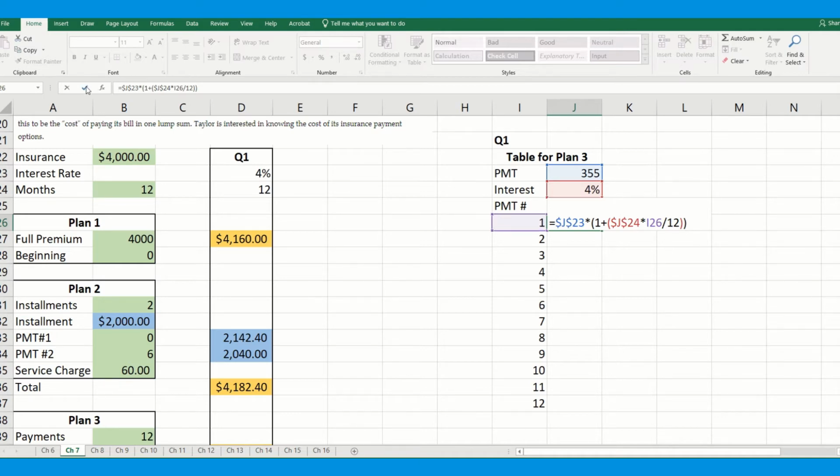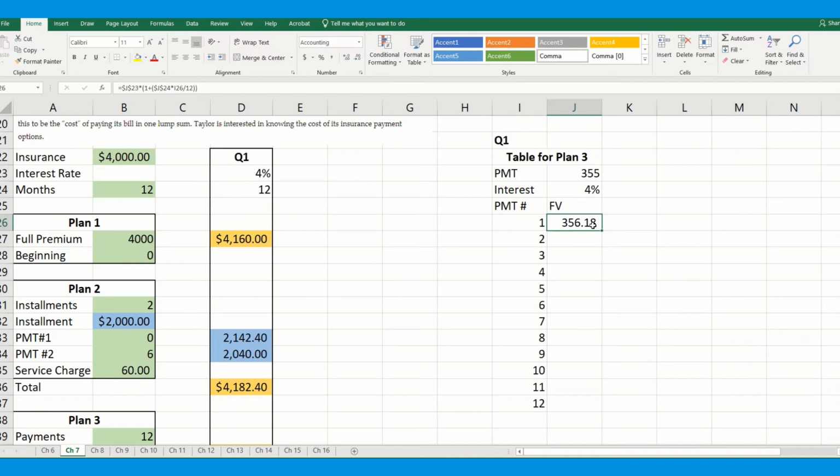So when I enter that, I'm going to change that to a comma so it shows cents. So now it says payment 1 of $355 grows to become, the future value of that is $356.18 by time 12, by the end of the year. So then if I can fill those down, and they have done, and I'll just double check one.